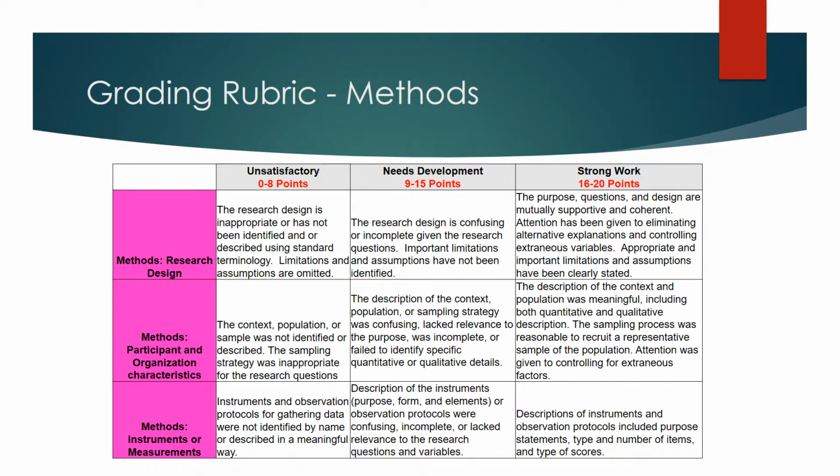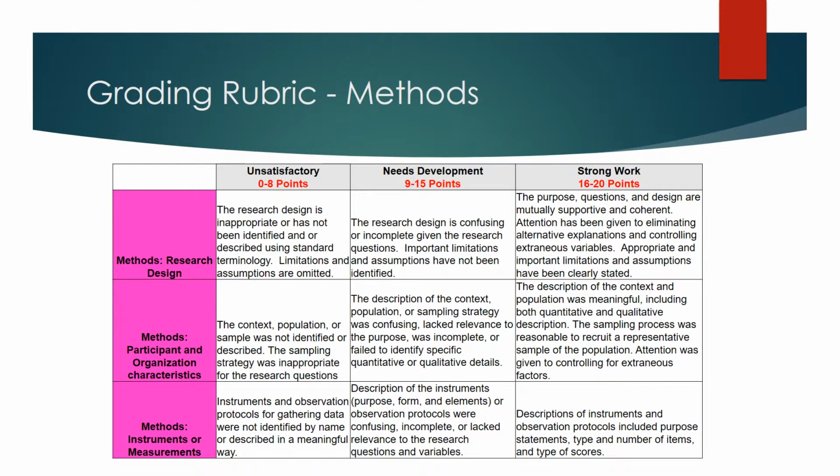This will be the first of 2 slides on our methods section. You'll notice that each section that has anything pertaining to methods is worth a possible 20 points. So overall, the methods portion of this paper is worth a total of 100 points.